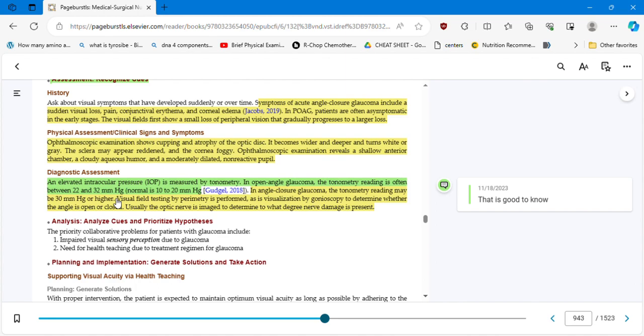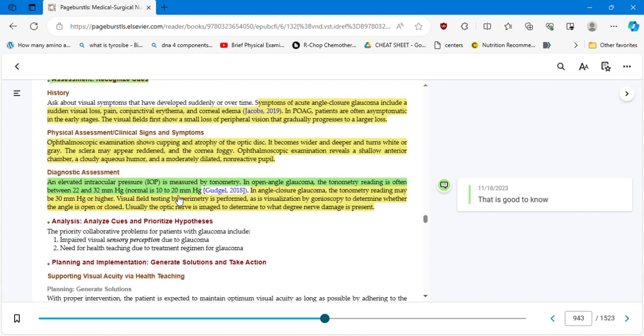So look, the normal pressure is 10 to 20. When the patient is having open angle glaucoma, it could be between 22 and 32. And when it's a closed angle glaucoma, it's going to be above 30.